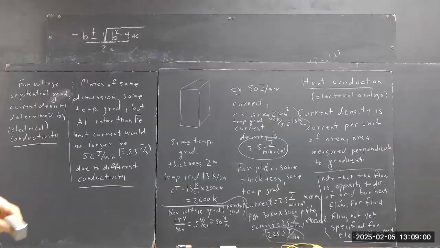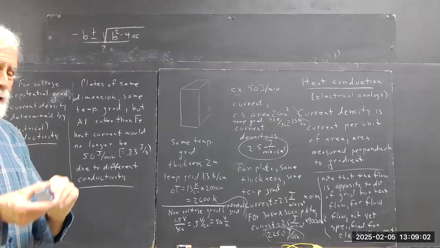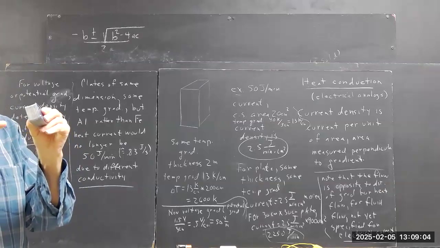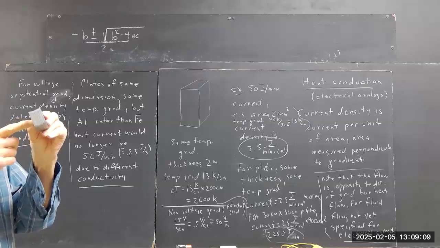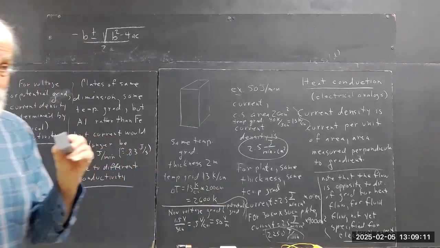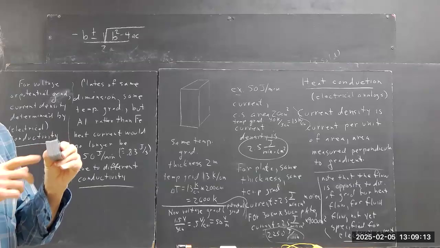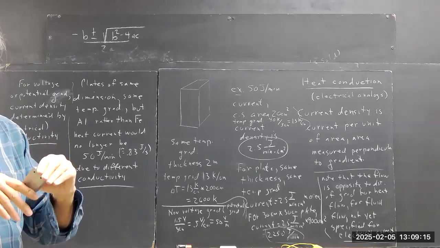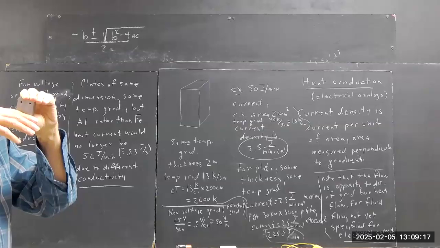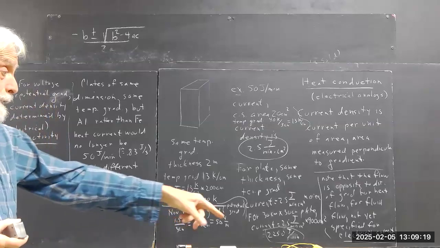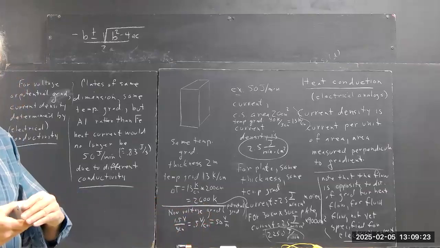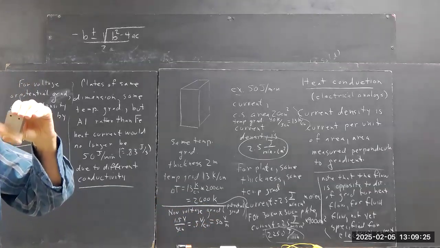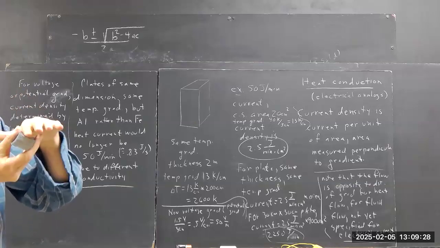The other neat thing is, if I just apply the source of heat at a point here, or in a very small area, like, you know, the tip of one of these leads, okay, then I'm not going to have a uniform temperature across it. Okay, if I do it with the voltage source, I am going to have constant voltage across here and a constant voltage across here.